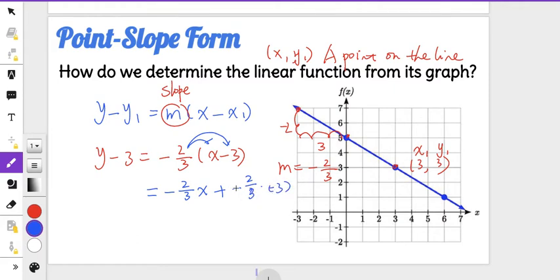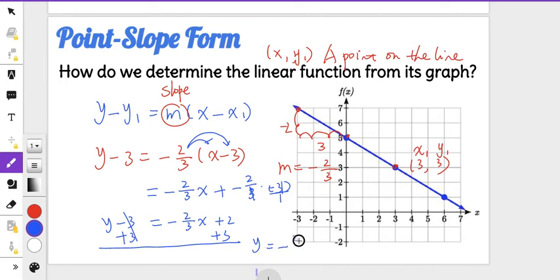I can just write 3 over 1, then this cancels, and it all is positive, so it's going to be negative 2 over 3 x plus 2. Here is y minus 3. Next, I just add 3 to both sides. And the final answer will be y equals negative 2 over 3 x plus 5, and that's it.